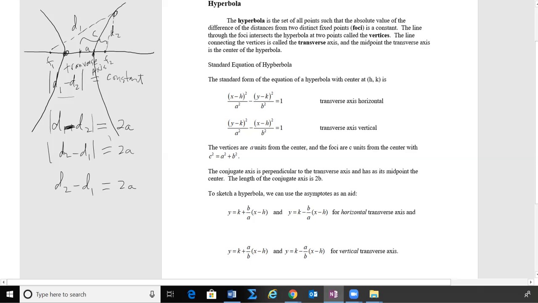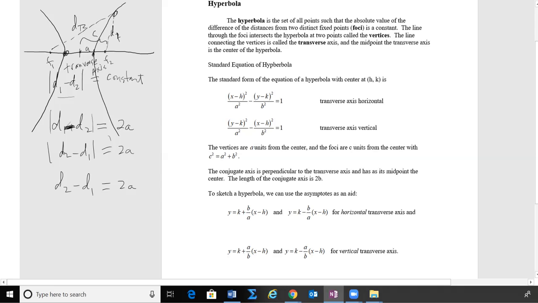Just to clear that up, I named these arbitrarily up here anyway, so you could say that's D2 and that's D1 if you're going to be a stickler about the size of these. 1 and 2, and that way you know it'll be positive.